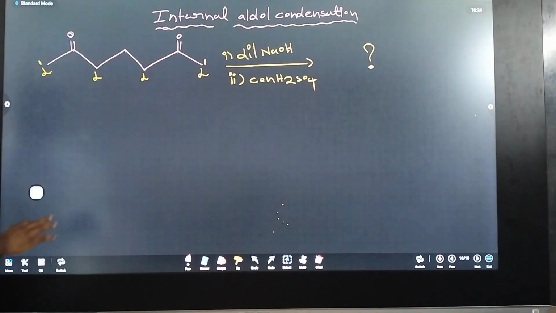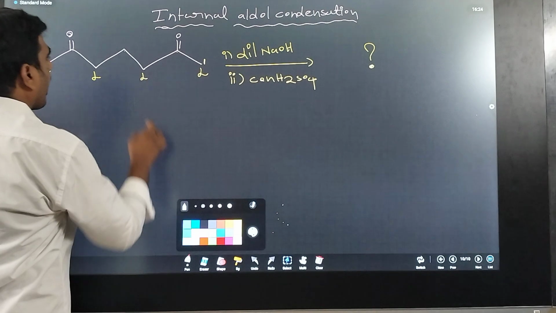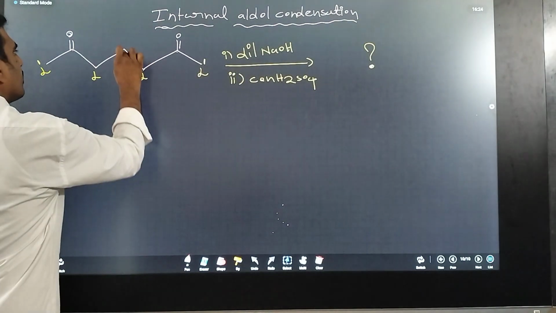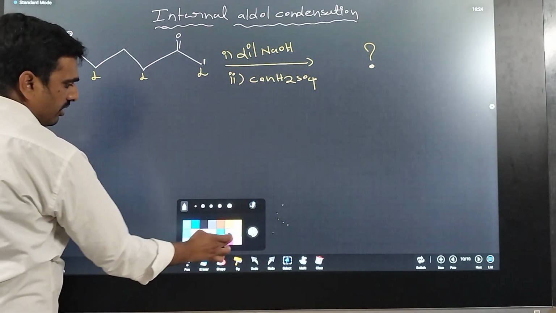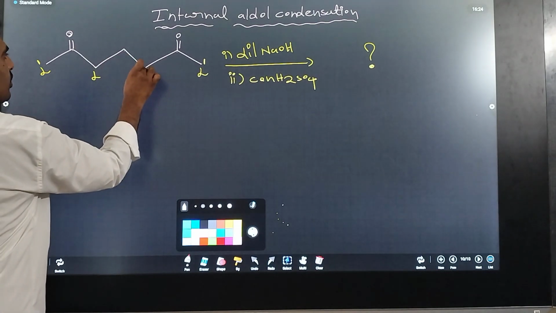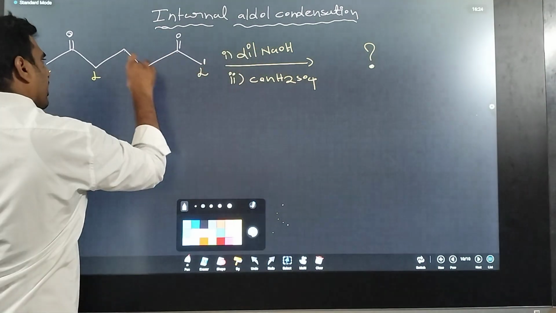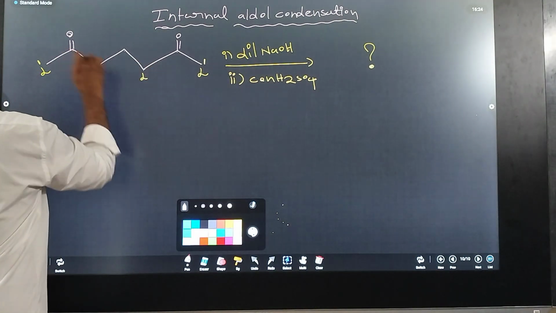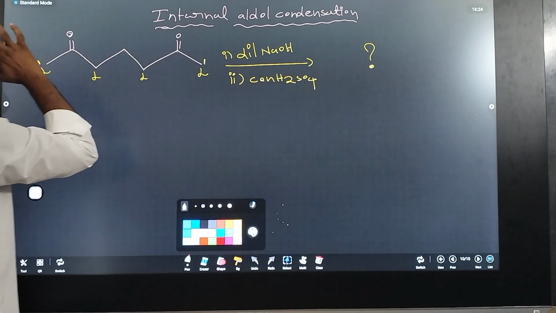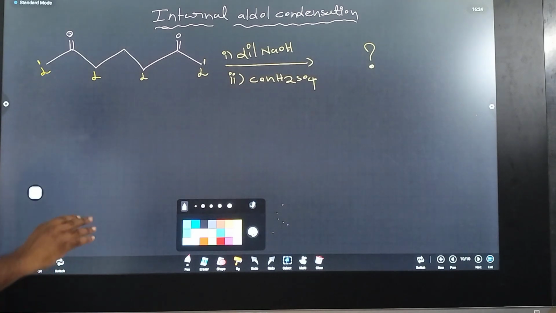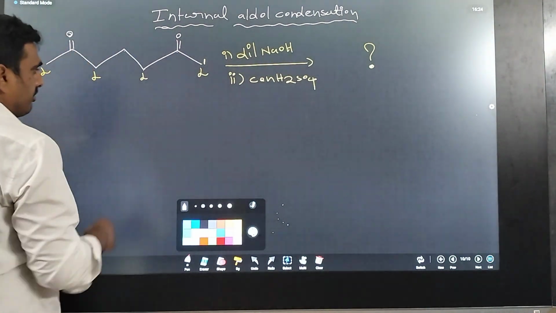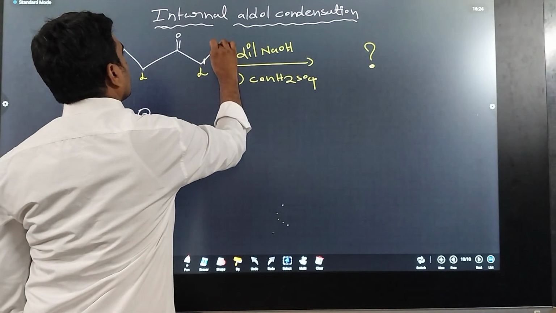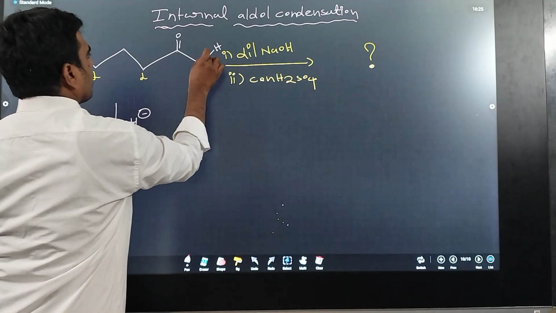If the base accepts the proton from this alpha carbon, this acts as a nucleophile and attacks on 1, 2, 3, 4, so a 4-membered ring. A 4-membered ring is unstable. So that's why the base accepts the proton from here. This is also the same, this is also the same, accept to here.